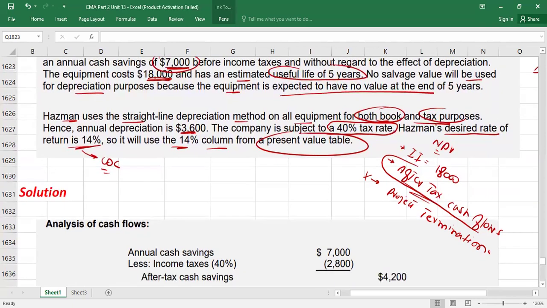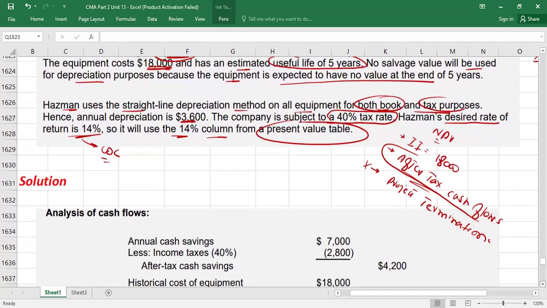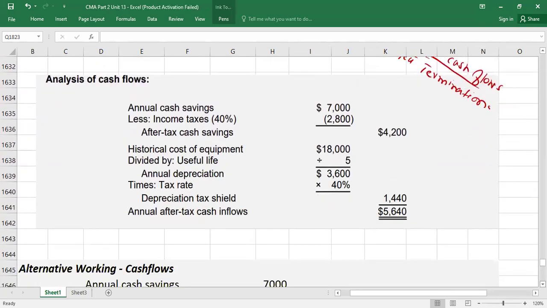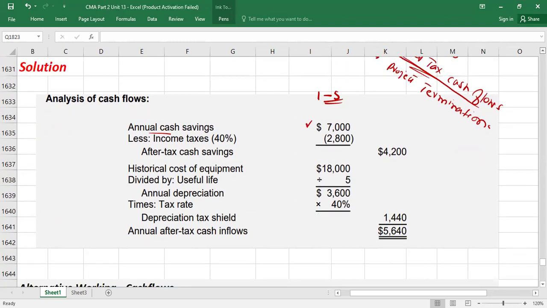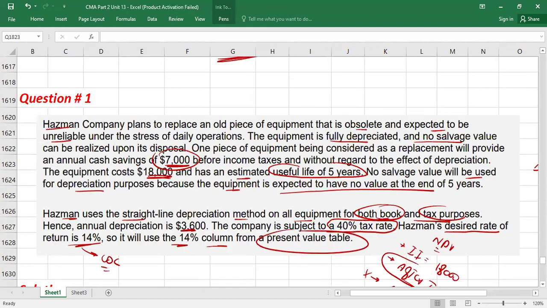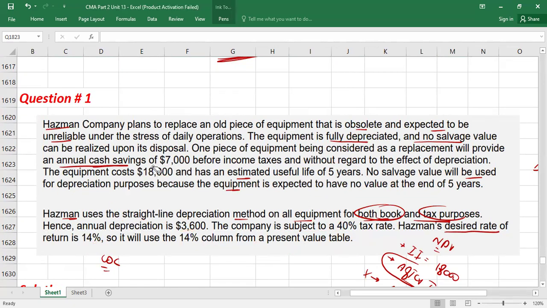Please remember here, guys, this working we can use for year 1 to 5 because every year we have an annual cash saving given, 7,000 in the question. You can just check it here. It's given here, 7,000, because it's an annual cash saving. I told you annual cash saving we always consider as cash inflows. So we have a cash saving of 7,000.